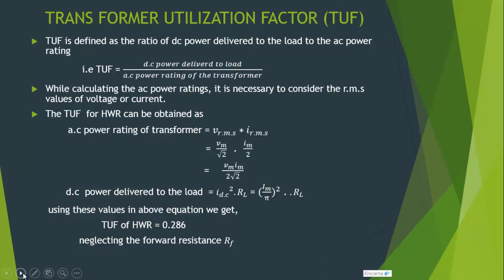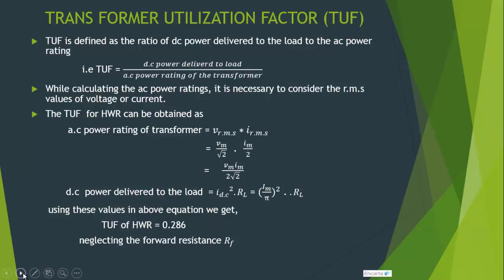Transformer utilization factor. The factor which indicates how much is the utilization of the transformer in the circuit is called transformer utilization factor. The transformer utilization factor is defined as the ratio of DC power delivered to the load to the AC power rating of the transformer. While calculating the AC power rating, it's necessary to consider RMS values of AC voltage and current.